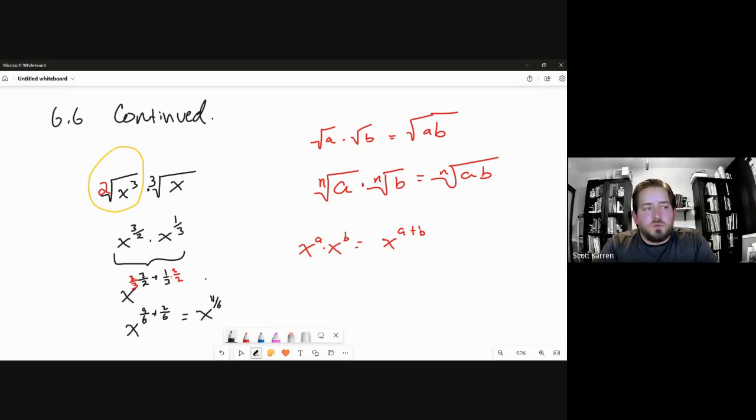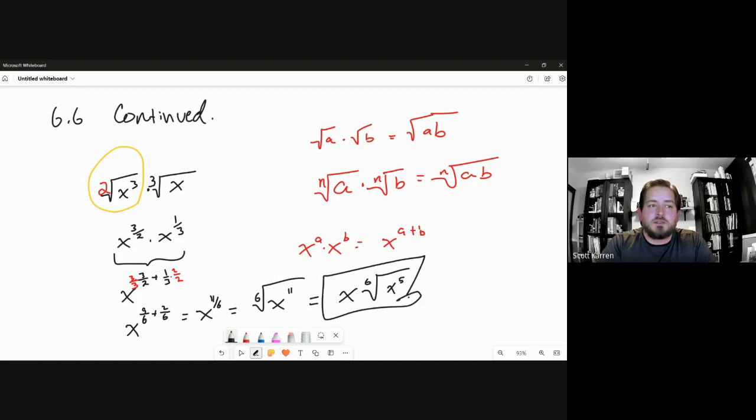Now I want to rewrite this as a root, and so I would write this as the 6th root of x to the 11th. I can simplify that because there's 6 x's hanging out there that can come out. Taking 6 out, however, leaves 5 behind that can't come out, and I've simplified it. So that's how that is done.